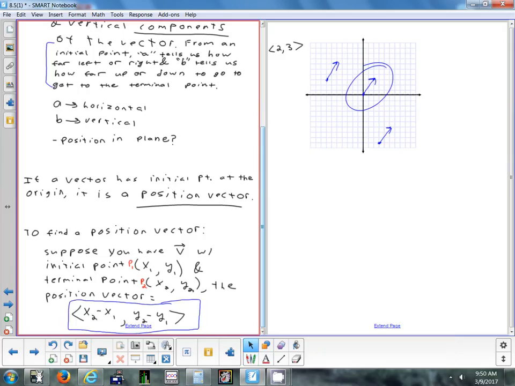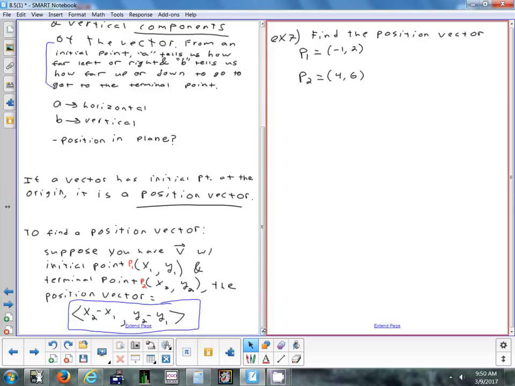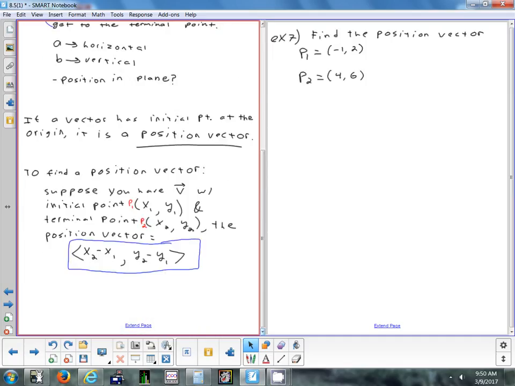What they'll do is they'll give you a problem just like the one I have right there, example 7. Find the position vector. They give you an initial point. They give you a terminal point. All you have to do is plug the initial point and the terminal point into the formula that I just put a blue box around.